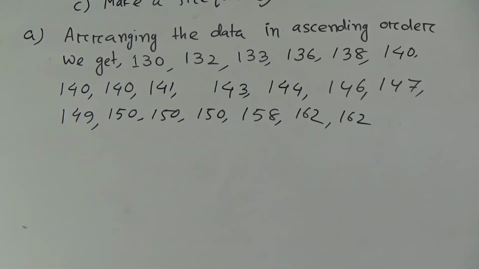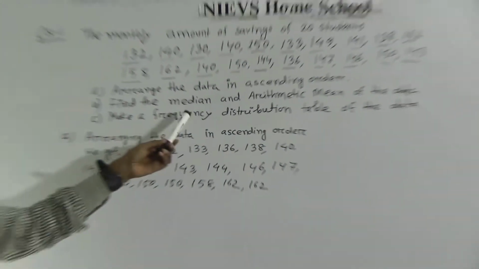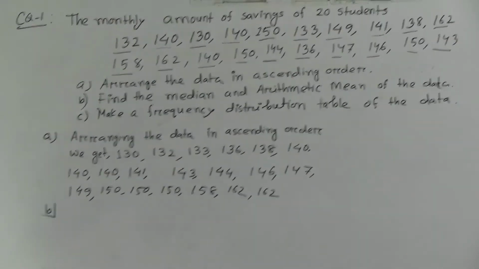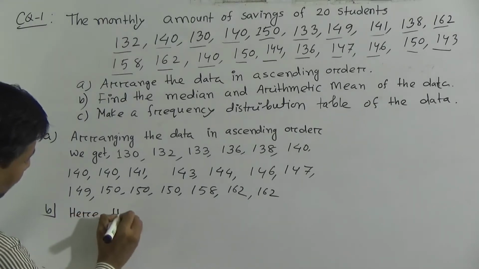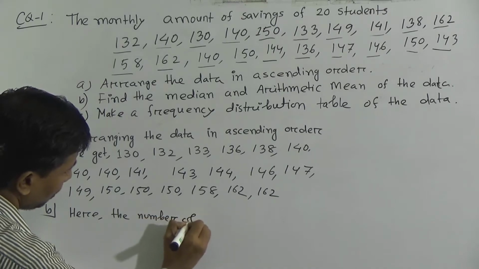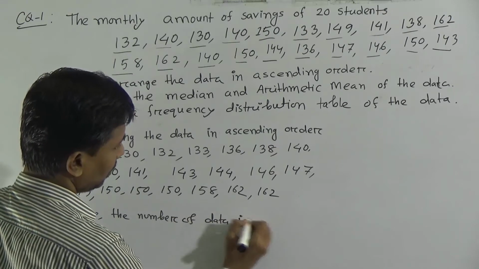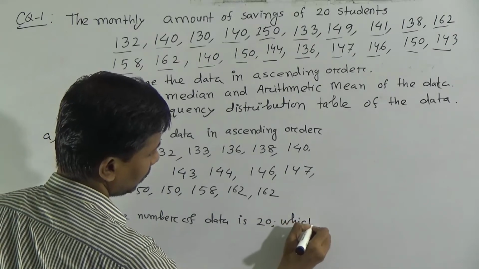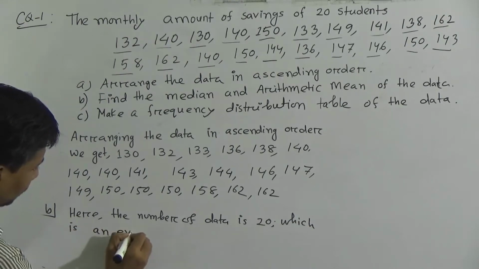Now I will solve question number B. Find the median and the arithmetic mean of the data. Okay, here the number of data is 20, which is an even number.